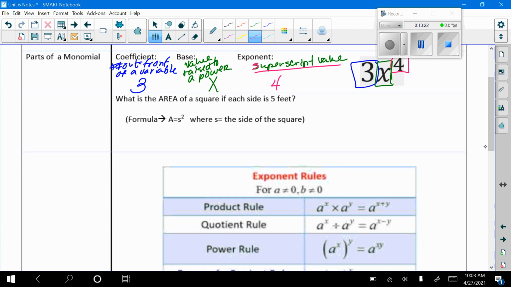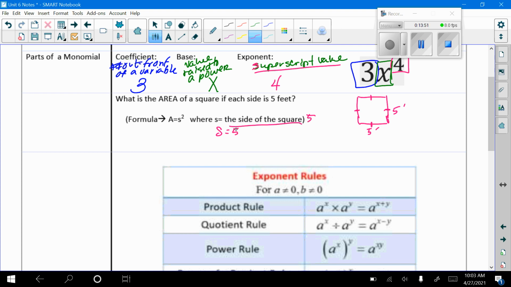So what is the area of a square with each side being 5 feet? Well, if I have a square, we're going to say that this is a square because I'm going to put in my little tick marks, which means they are all the same. So if they're each 5 feet, S is the side of the square. Area is equal to side squared. The side of the square is 5, so S equals 5.